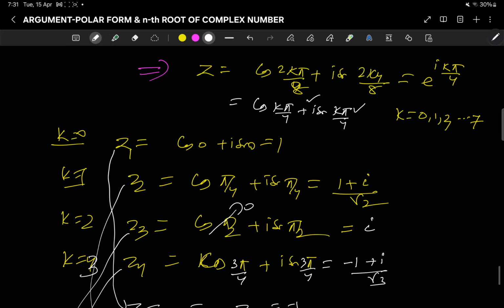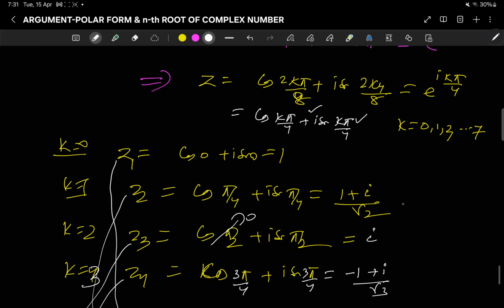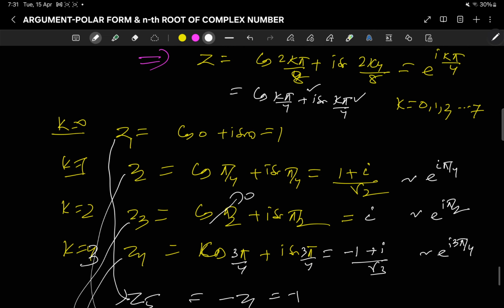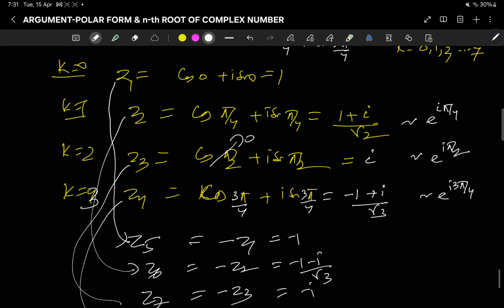So these are the 8 values. If we do not know the value, we will just leave it in this form, e to the power i pi by 4, and I will write it simply e to the power i pi by 2. In this way I will write e to the power i 3 pi by 4. Right? In that way we can write it. If we do not know the value, then we may leave it in this form.